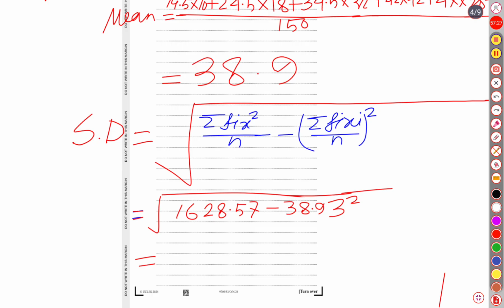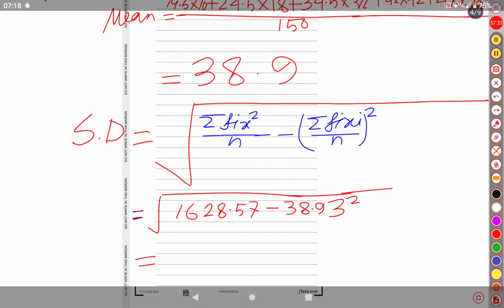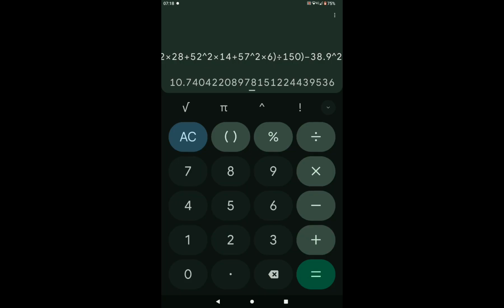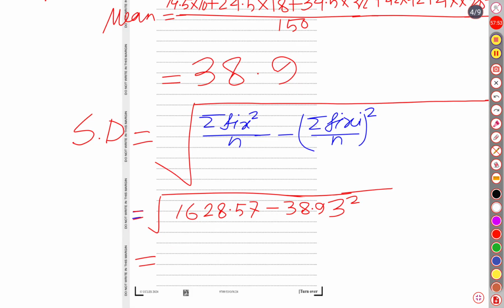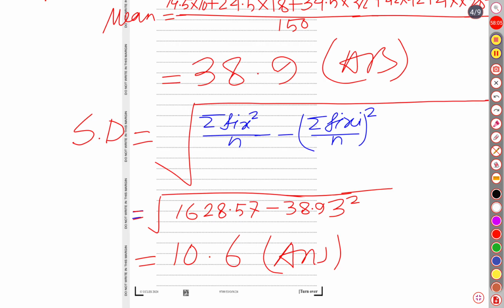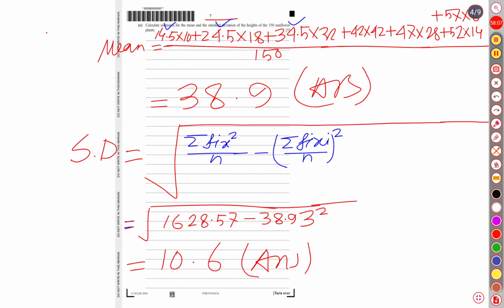Let us calculate once again. 10.6 is the standard deviation, and already we have found our mean was 38.93. If we round it to three significant figures, it is 38.9.